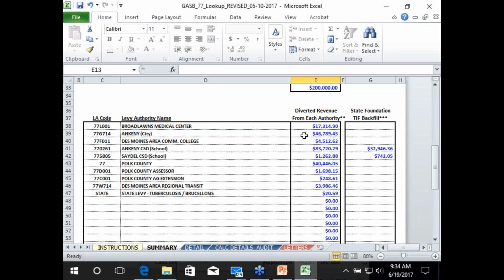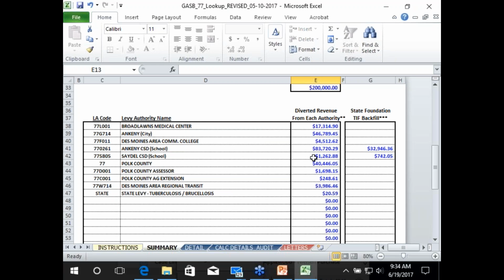The city of Ankeny, and that's the one we did, the $200,000 that they entered into cost them $46,000 of taxes. Des Moines DMACC, $5,400. Ankeny School, it costs them $83,720. And the state foundation aid backfilled that to the tune of $32,000. So those are the two numbers that are going to go into the Ankeny School's footnote for the city of Ankeny.